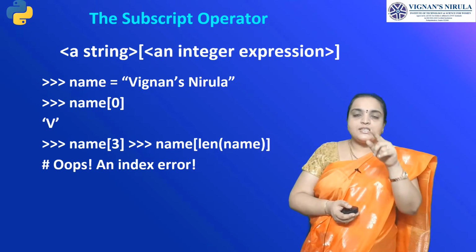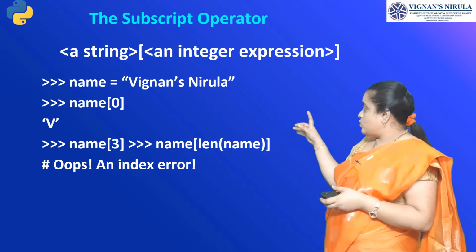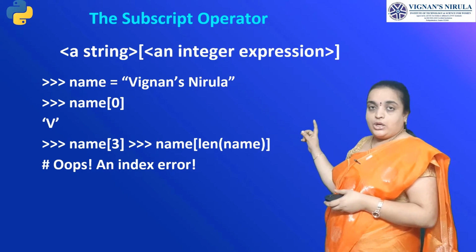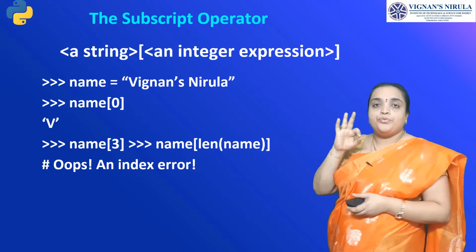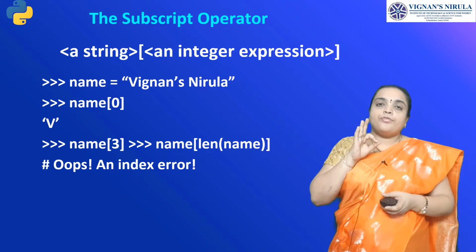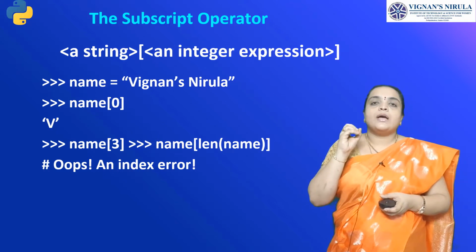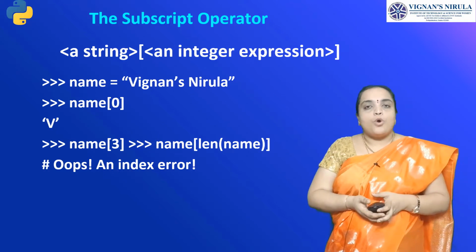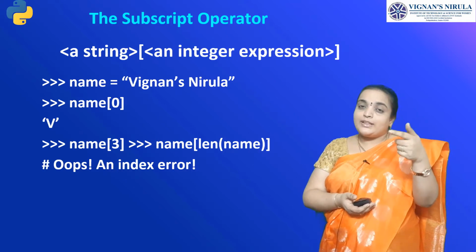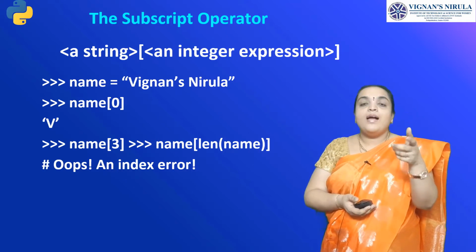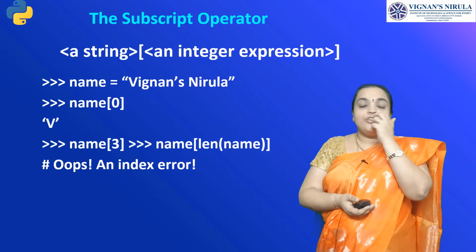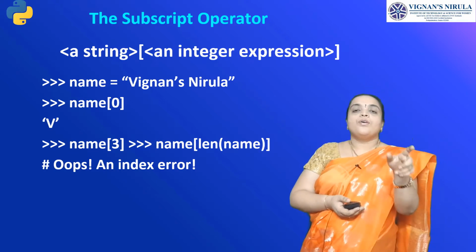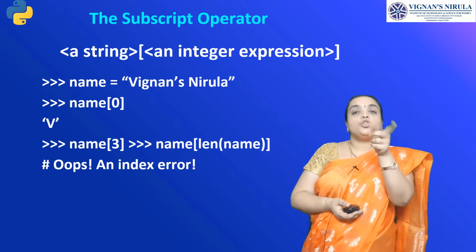So V takes 0, I takes 1, G takes 2, N takes 3. So what is the output of name[3]? It is n, that is small n. Then talking about the next one, that is name[len(name)]. We are extracting the value at the length of name.